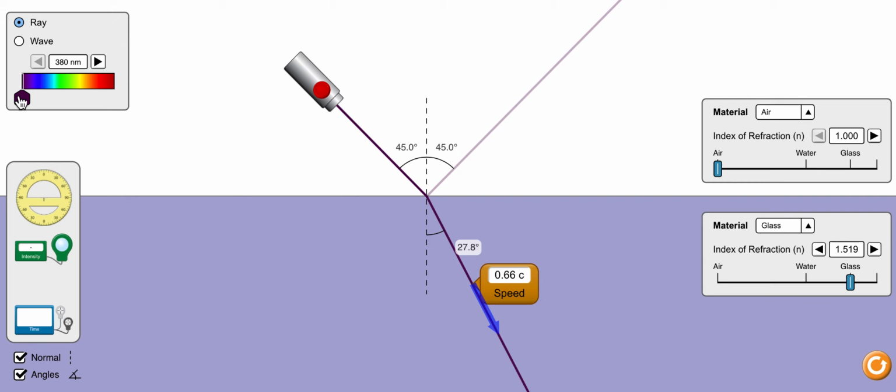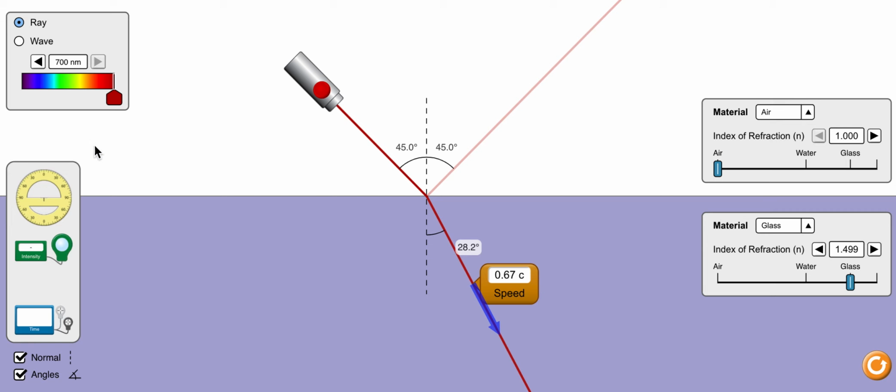In the case of purple, it has a lower angle of incidence than red. It's not very much. Purple has an angle of refraction of 27.8, and then we've got an angle of refraction of 28.2 for red. That is really the level of splitting that we get, so this is why we don't really observe this that much in real life. The splitting isn't very great.